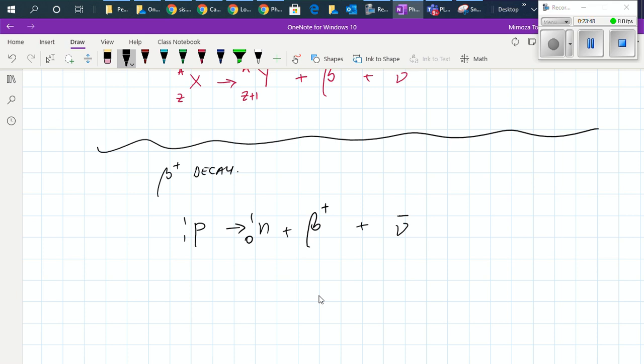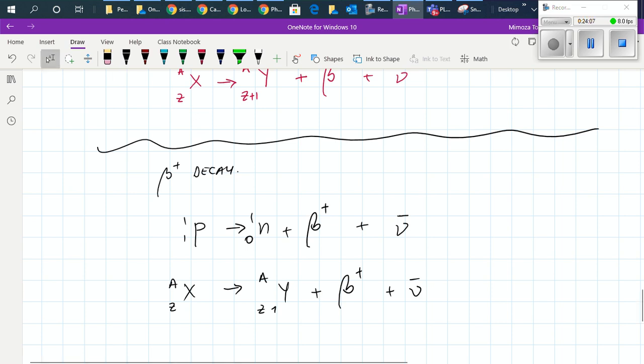And if we have an element that is releasing a beta positive, element X with Z and A will form an element Y that is Z minus 1 and A, a beta positive, and a neutrino. Okay.